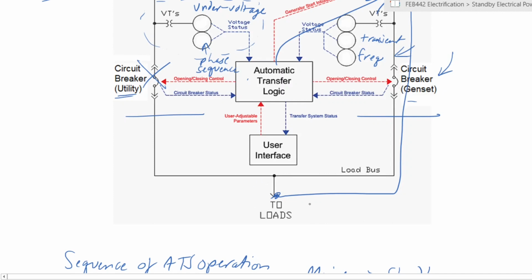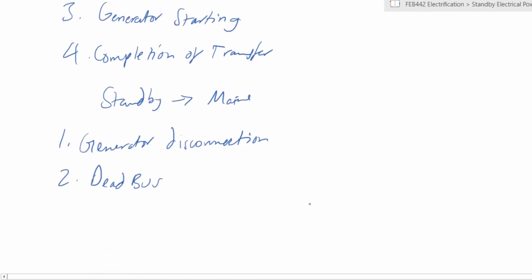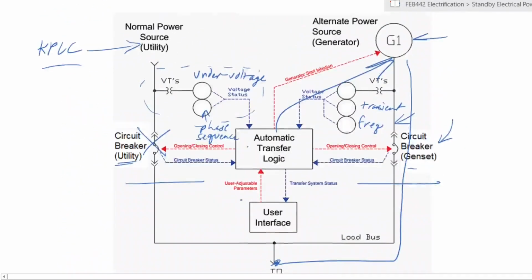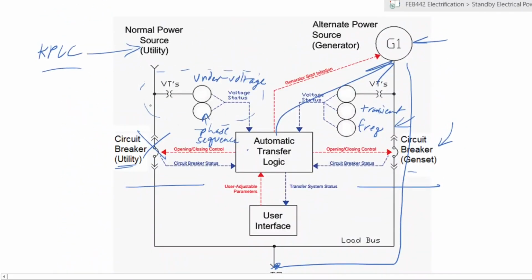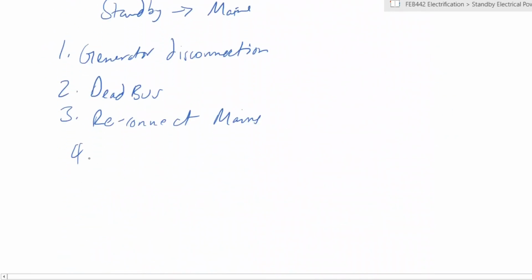The loads are completely without any source of power. So number 3 would be reconnect mains. That is, you ensure that the main supply is back on track, and then you can complete the transfer.